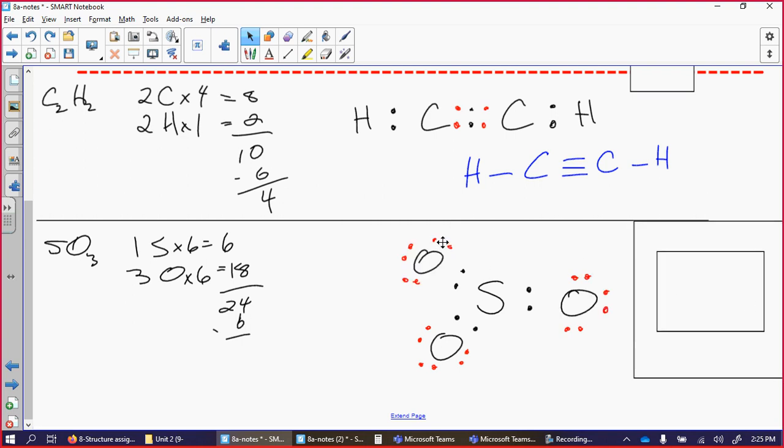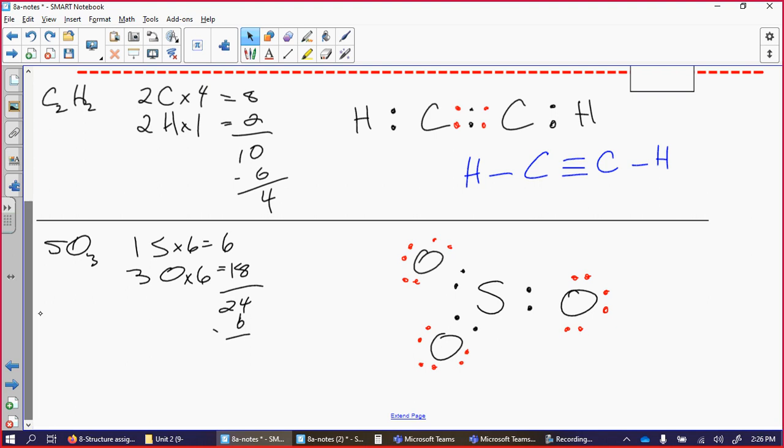But 2, 4, 6, 8, 10, 12, 14, 16, 18, 20, 22, 24. We've got 24 electrons. What's wrong with this? Can sulfur only have 6? No. So this one is kind of special.